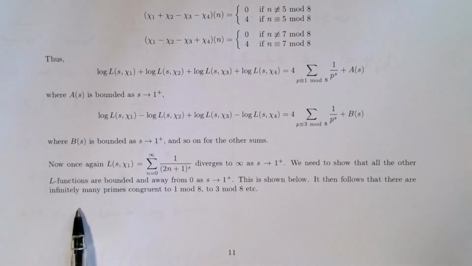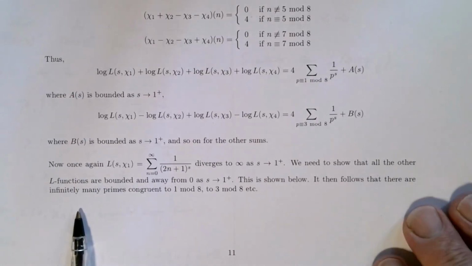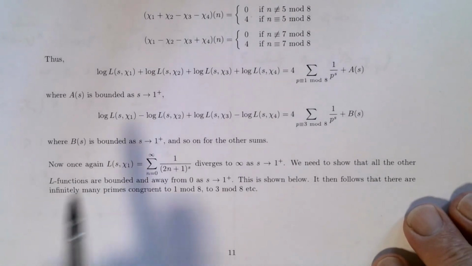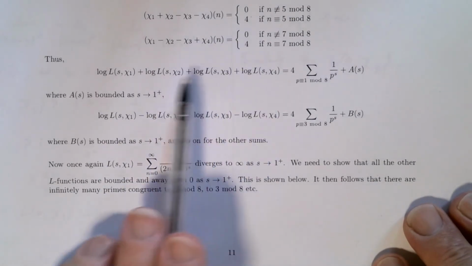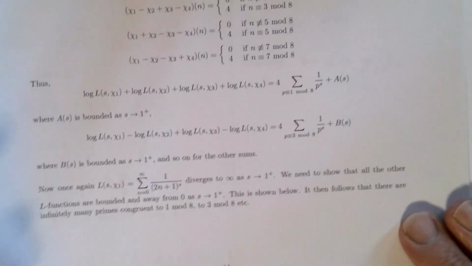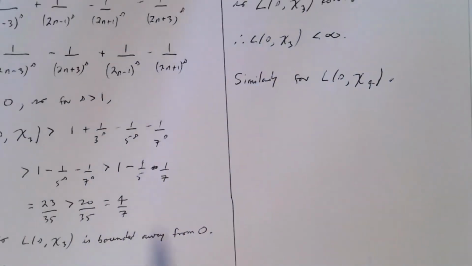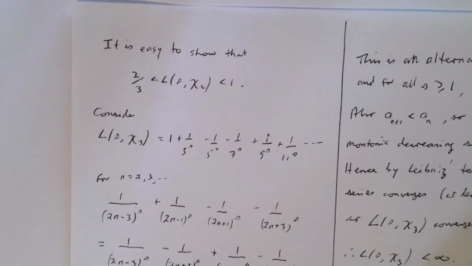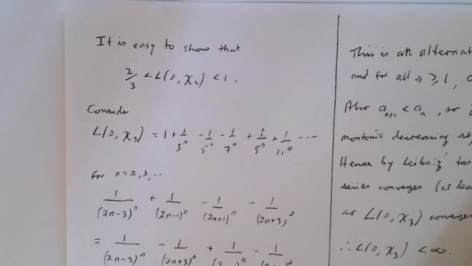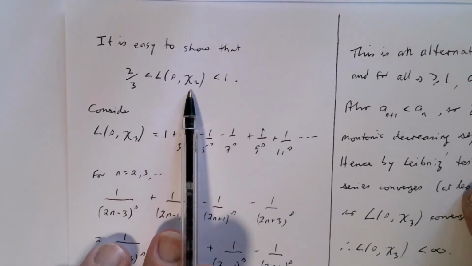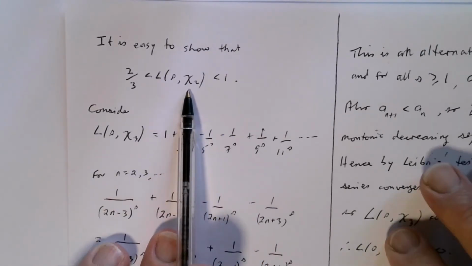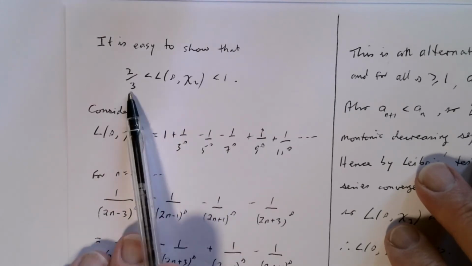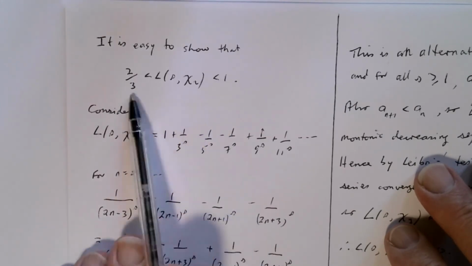So it remains simply now to convince you that these other L functions are all bounded and away from 0. So we'll do that here. It's fairly easy to show for L of s and chi2. It's not very difficult to show that L is between 2/3 and 1, so it's bounded away from 0.